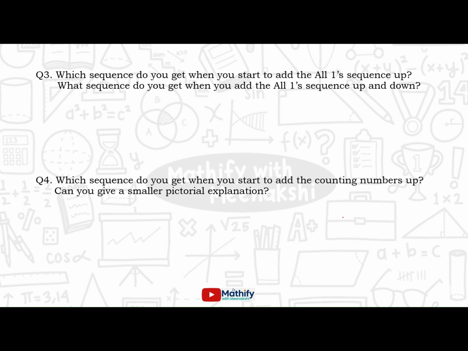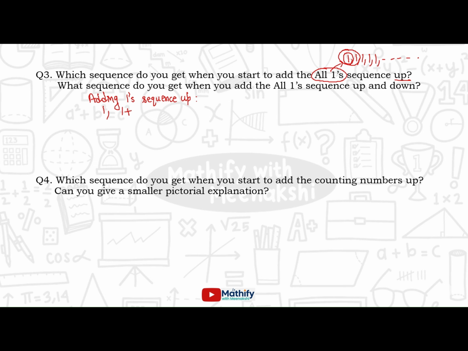Let's move to the next question. Question 3. Which sequence do you get when you start to add the all-ones sequence up? First, you should know what the all-ones sequence is. That is 1, 1, 1, 1, 1, and so on. What's the meaning of adding up? In the first step, you will write only 1. Then in the next step, you will add 1 and 1.